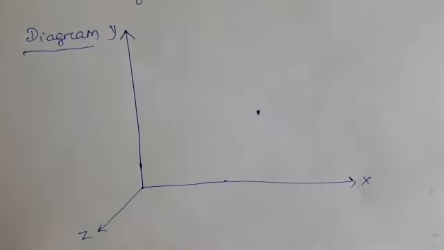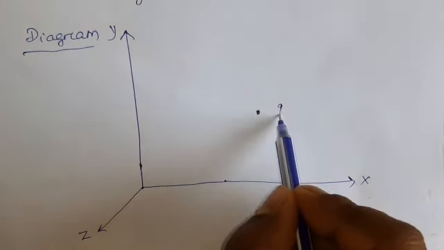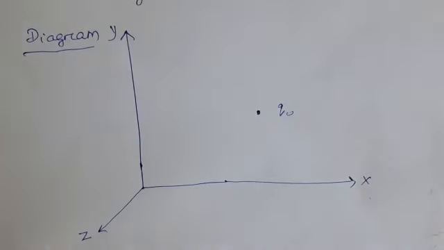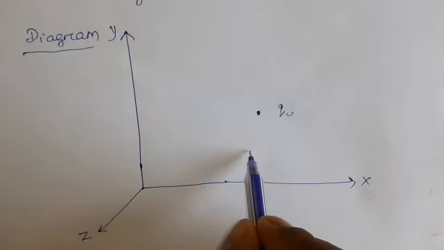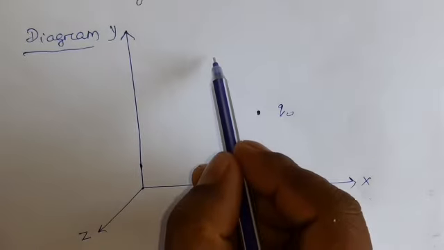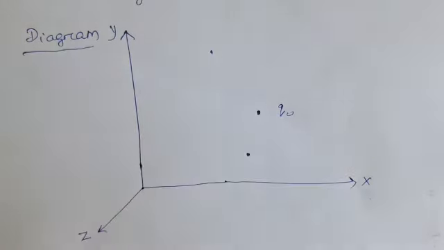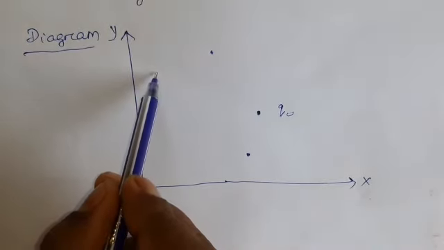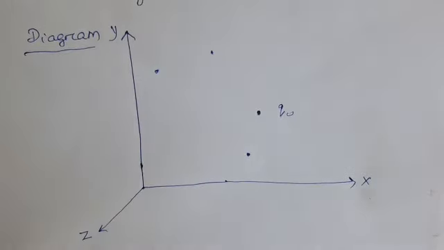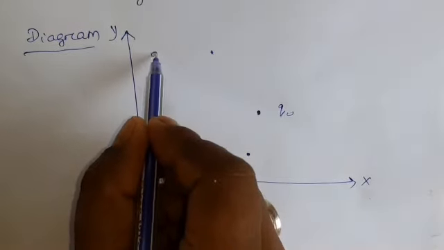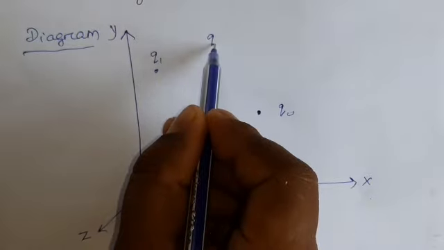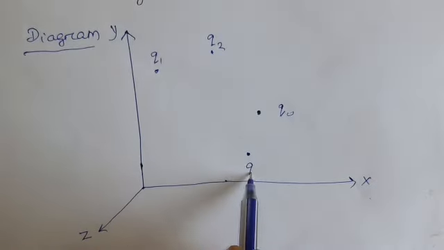I will also take another three charges, one here, one in this position, and one in this position. Let this be q1, this is q2, this is q3.